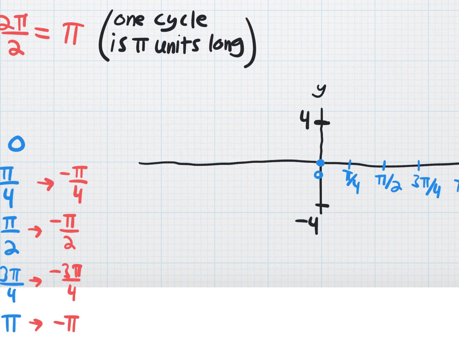We can do the exact same thing in the negative direction, so I'm going to say negative pi over 4 is right here. Negative pi over 2 is right here. Negative 3 pi over 4 is right here. And then negative pi is right here. All right, so all we did right now is we just labeled the x-axis and we marked the amplitude on our graph.